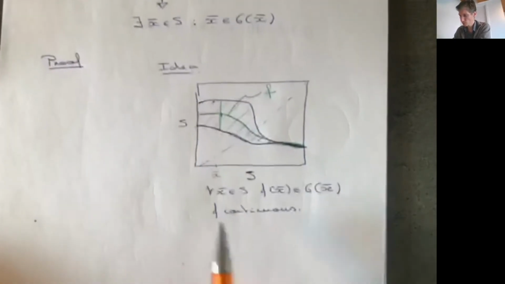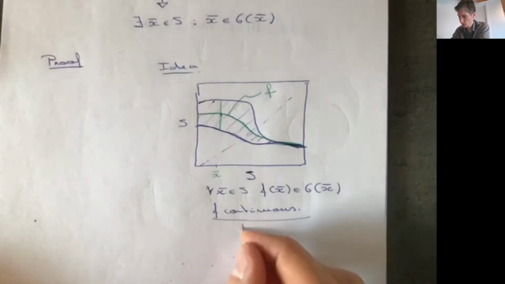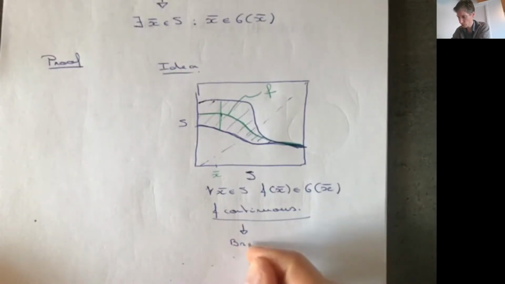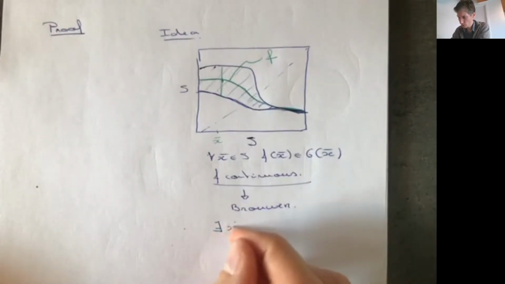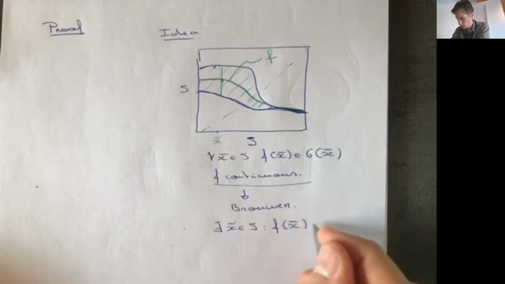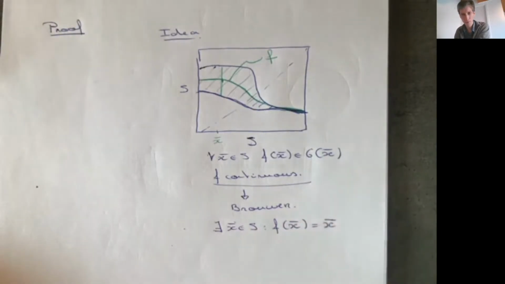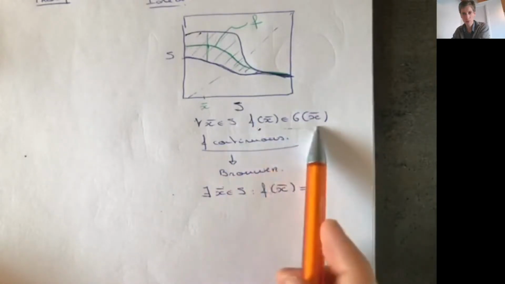Okay. So what does this mean? Well, because f is continuous, I can use Brouwer's fixed point theorem, and I can show the existence of some element x in S such that f of x is equal to x. However, I also have that for every x, f of x is in G of x.